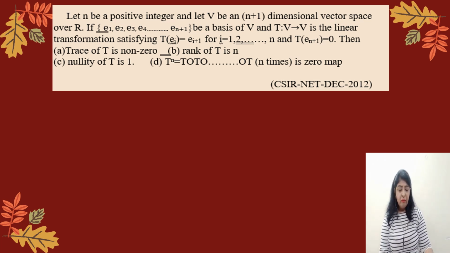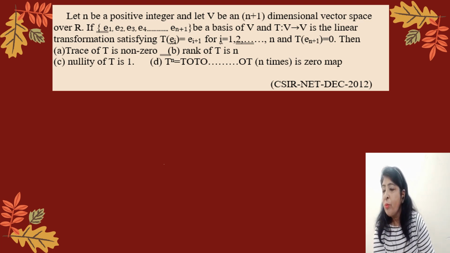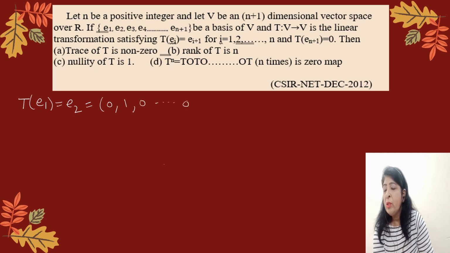Now what is given to us is T of E1, this is equal to E2. Let us take i is equal to 1. So this will be 0, 1 and so on 0.